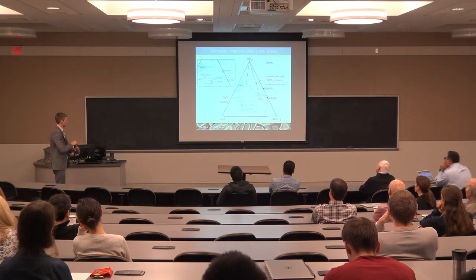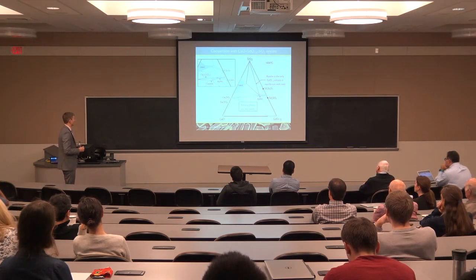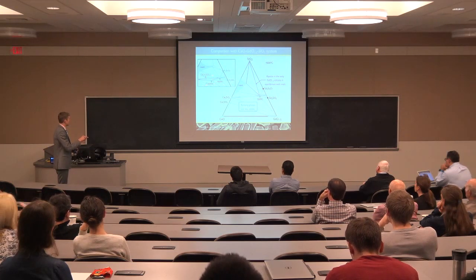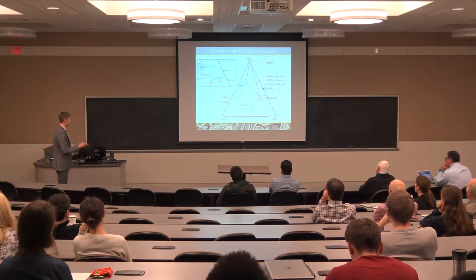If we compare this with the gadolinium system, the first thing that we see is that all of these other ternary phases disappear. Only the apatite phase is stable, really extending far out into the ternary.